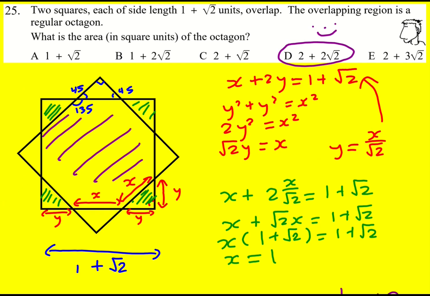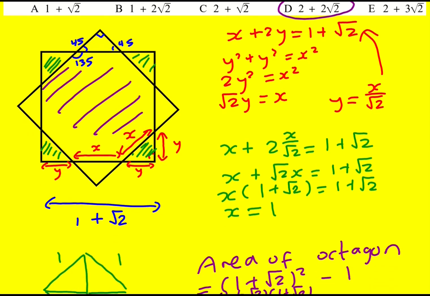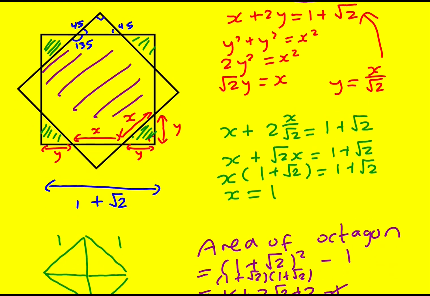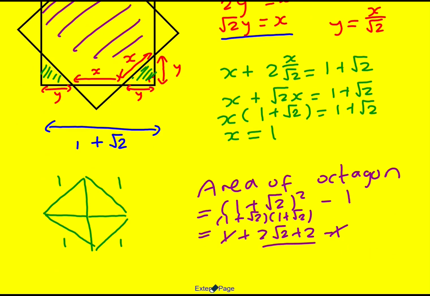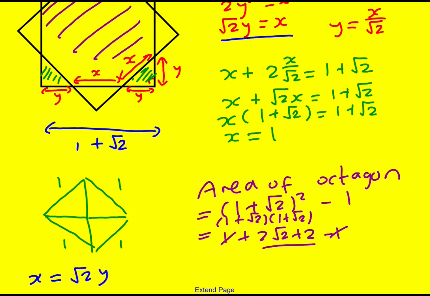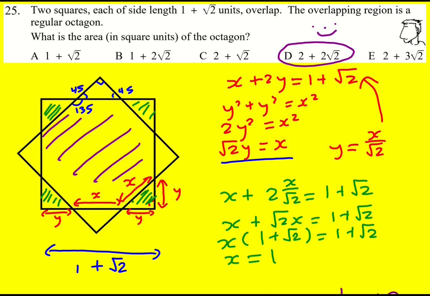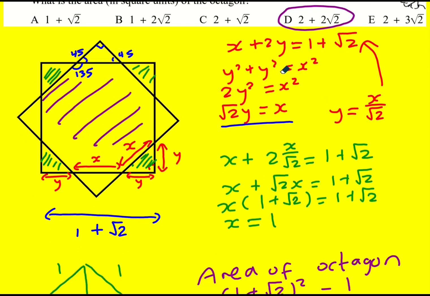When I did this question, I didn't do it quite as succinctly as this, to be fair. So I'm going to talk about how I did it. I stuck with the x equals root 2y, and I didn't think to write y equals x over root 2. And then I substituted that into this equation here.